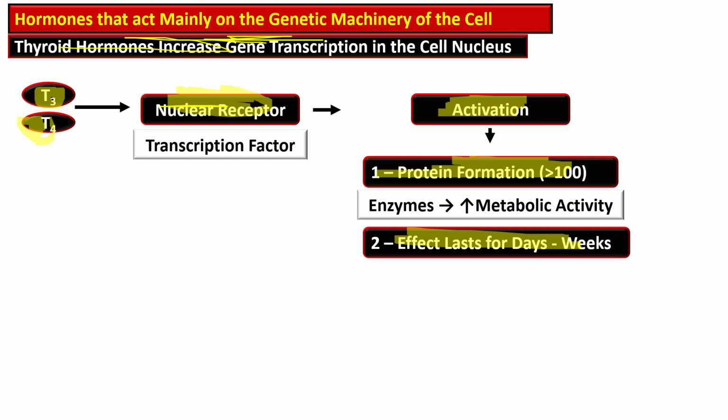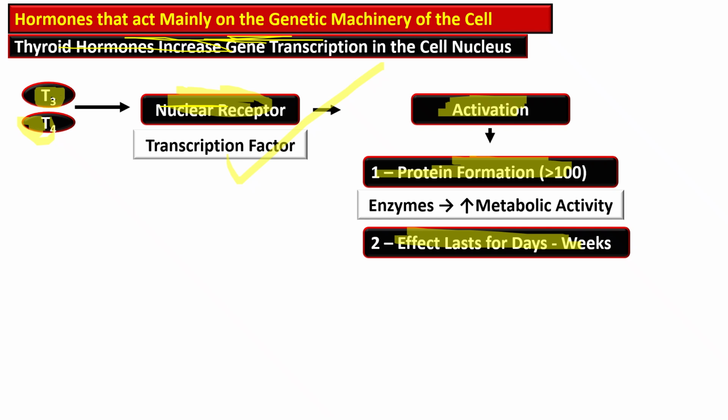This long-lasting gene expression is due to slow turnover of nuclear receptor complexes and sustained intracellular presence of T3 and T4. The physiological impact of this is that it affects all cells in the body, which leads to increased oxygen consumption, enhanced mitochondrial activity, and accelerated protein, fat and carbohydrate metabolism.